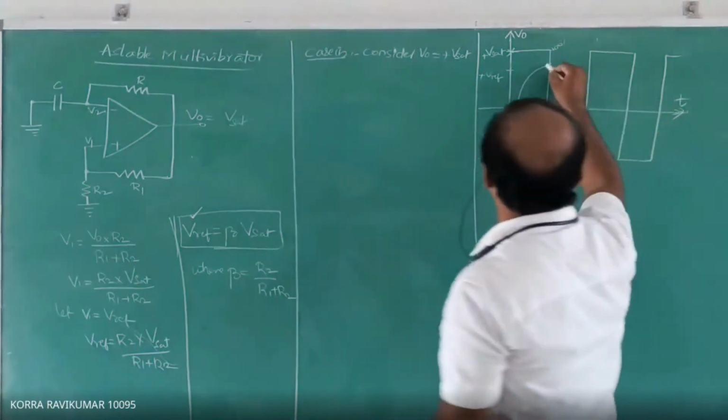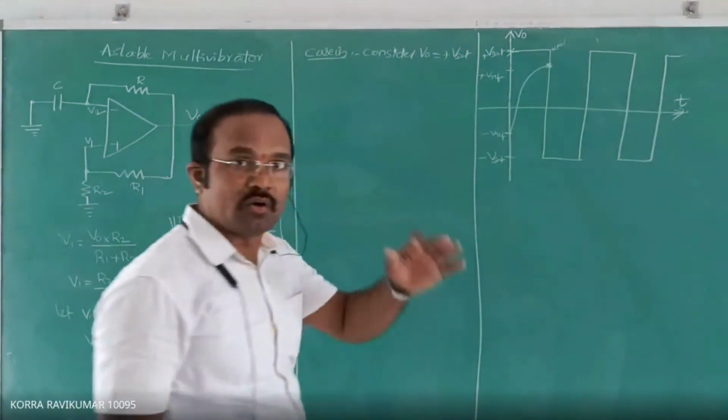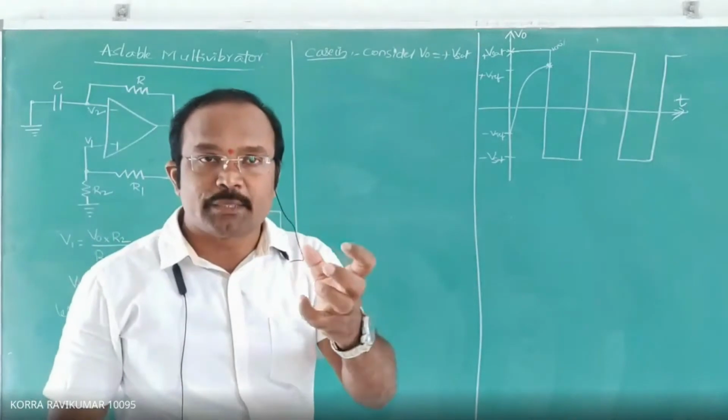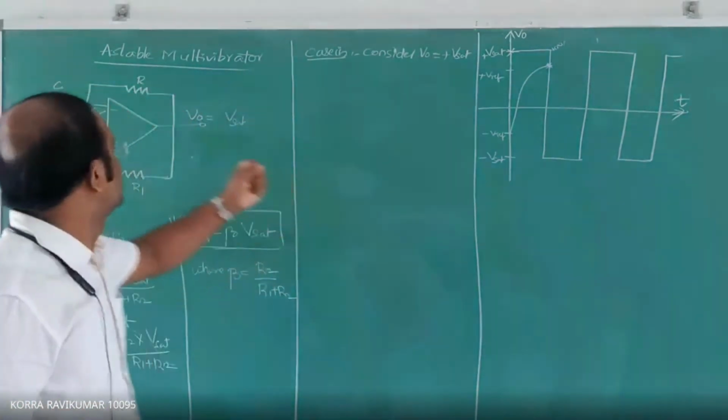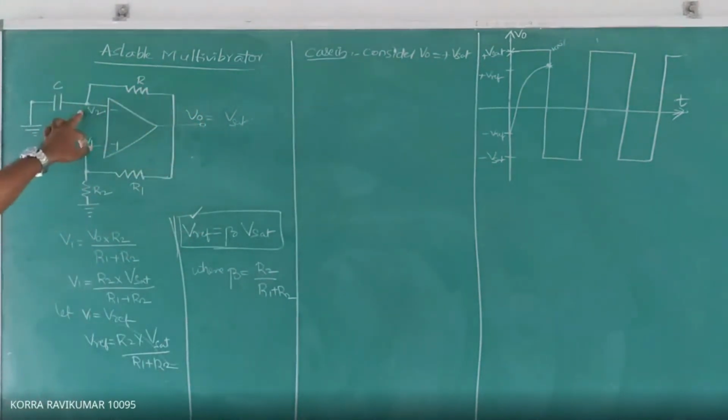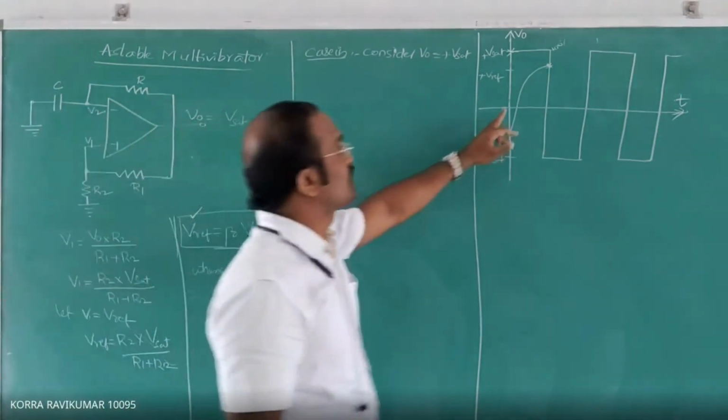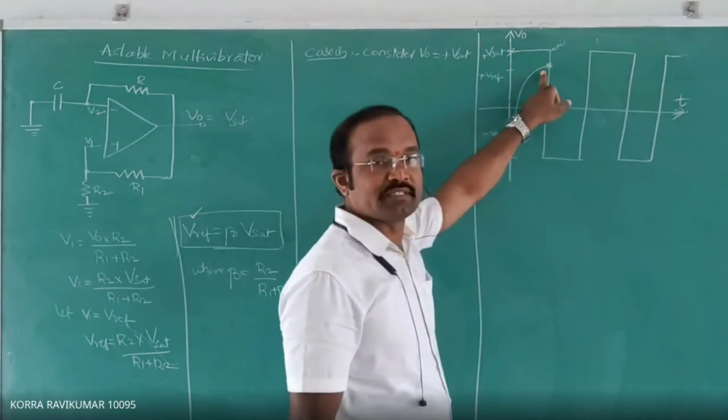So the capacitor is charged here up to this point. Now the voltage across the capacitor is fully charged. See here, the same voltage appeared here. Due to that, the capacitor is fully charged up to 90% of its maximum value.